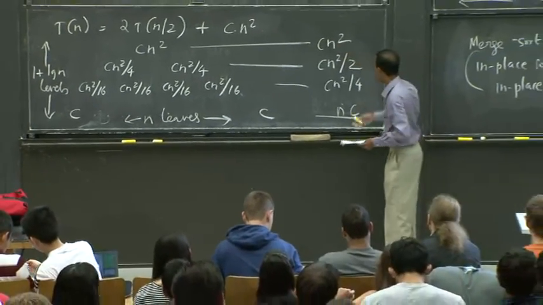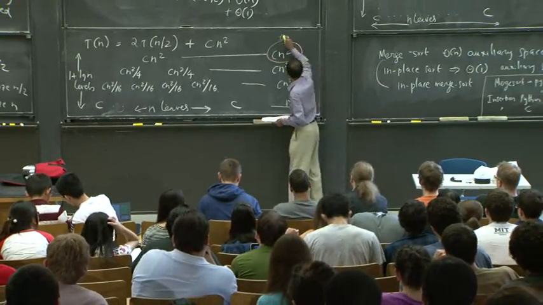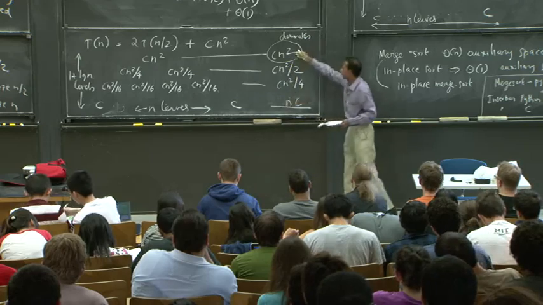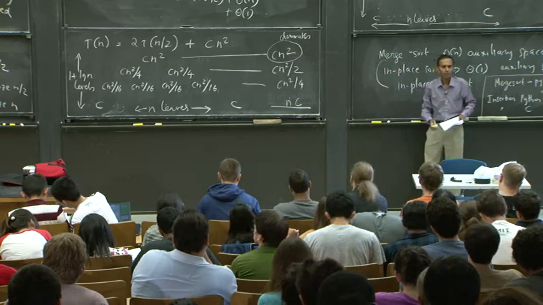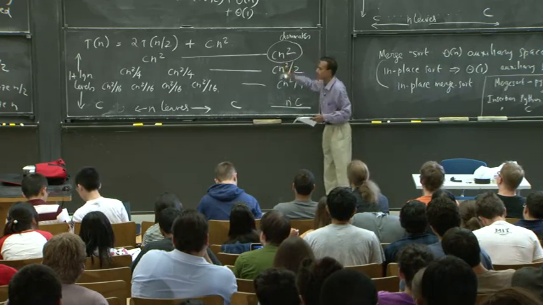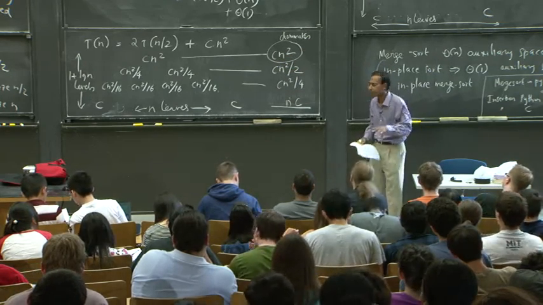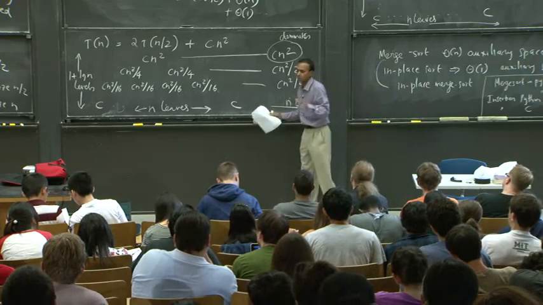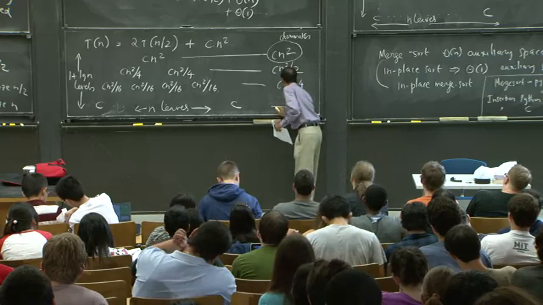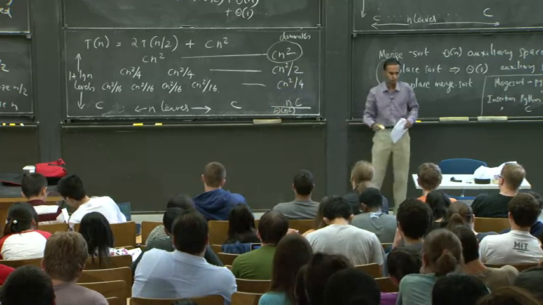Yeah, exactly. Exactly right. So if you look at what happens here, this dominates. All of the other things are actually less than that. Okay? And you said bounded by 2cn squared because this part is bounded by cn squared, and I already have cn squared up at the top. Right? So this particular algorithm that corresponds to this crummy merge sort, or wherever this recurrence came from, is a theta n squared algorithm.